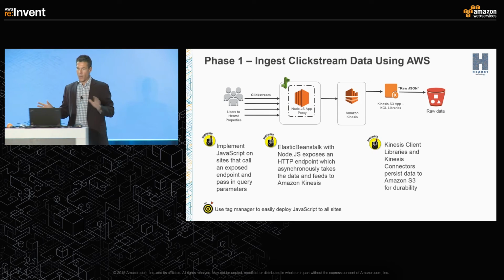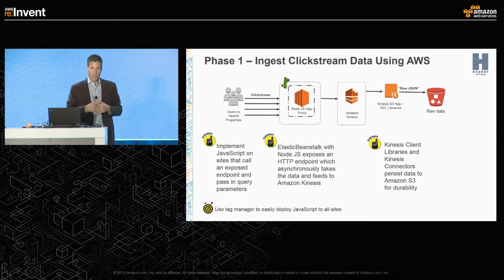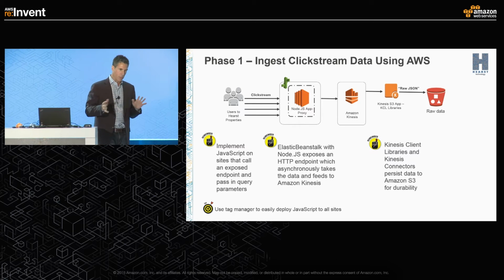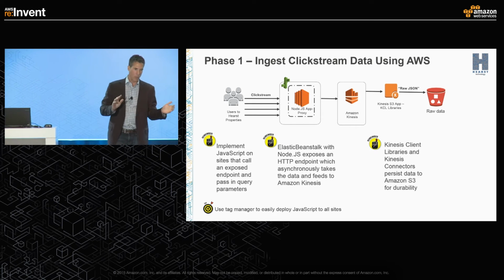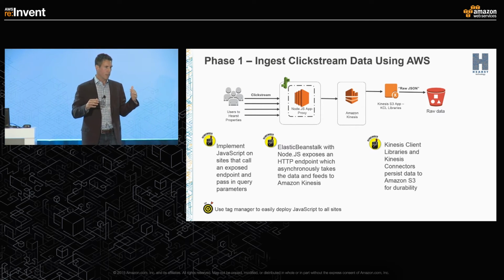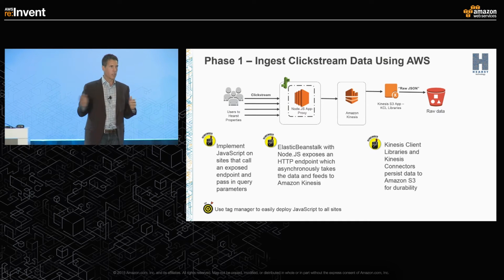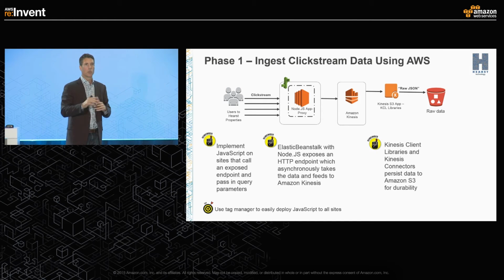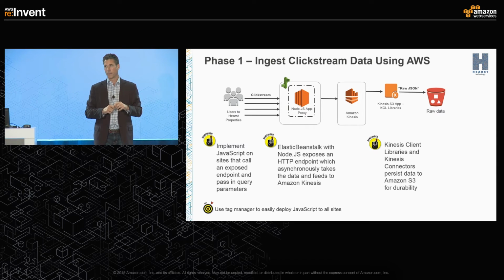So the beginning of our pipeline was the ingest, and first of all, we have to implement the JavaScript on all the sites. Roy alluded to this earlier, the HTTP request. We have to implement JavaScript on all the sites to be able to start transmitting data into our Clickstream, and we have to do this without interrupting their day-to-day.